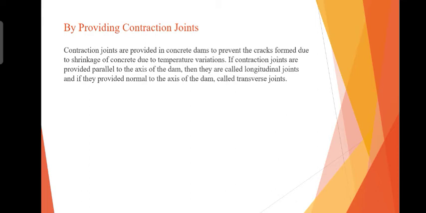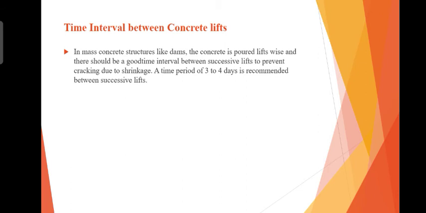If contraction joints are provided parallel to the axis of the dam, they are called longitudinal joints, and if they are provided normal to the axis of the dam, they are called transverse joints. Transverse joints are continuous and spaced at a distance of 15 meters. So by providing contraction joints we control some cracks.